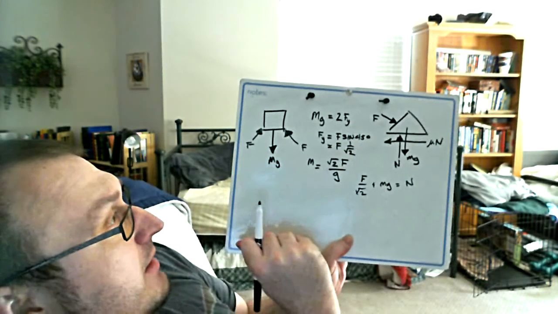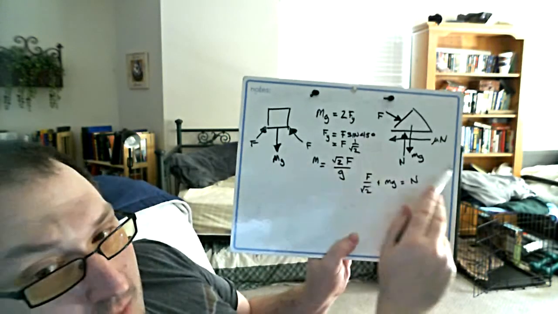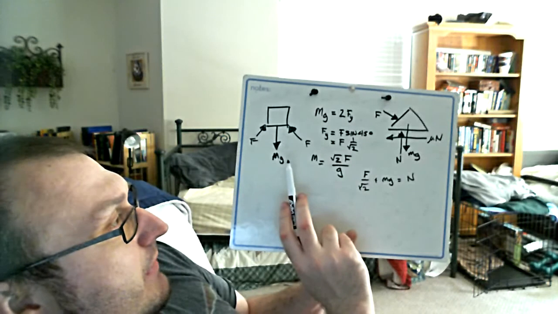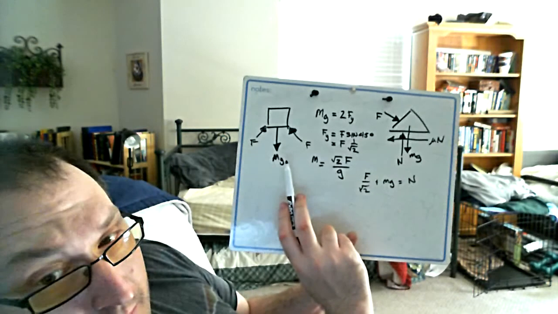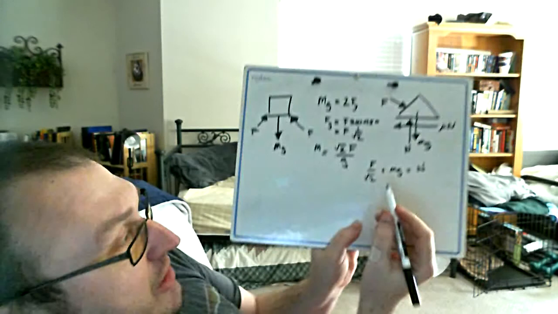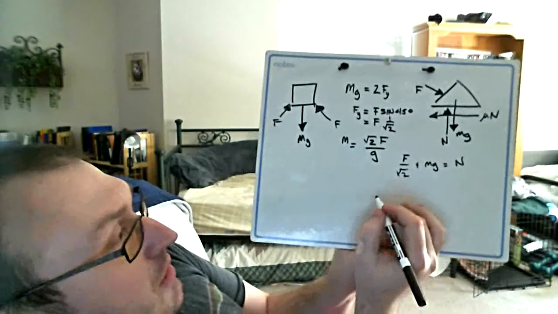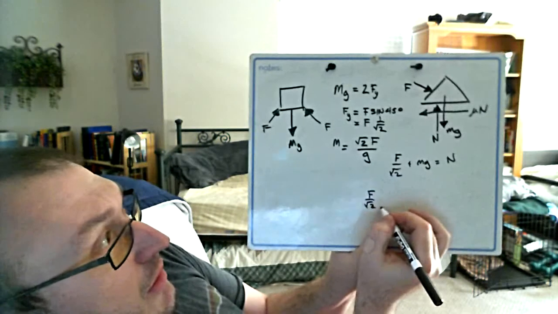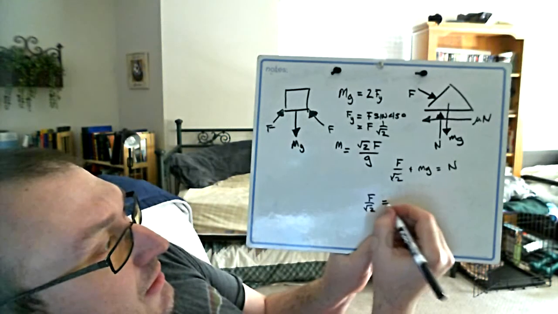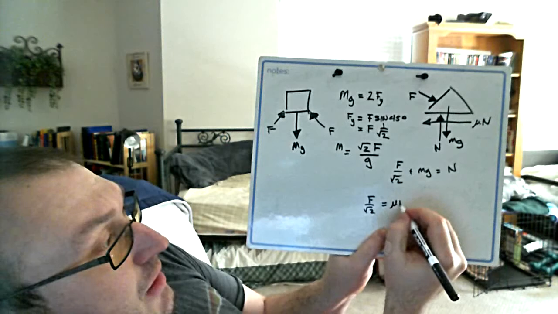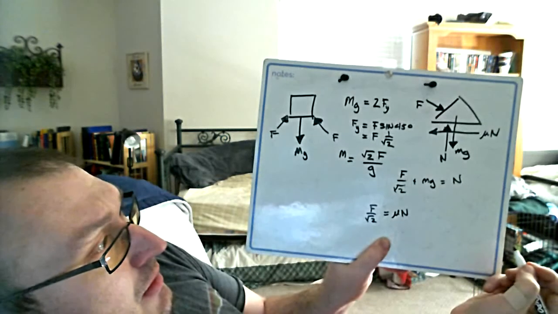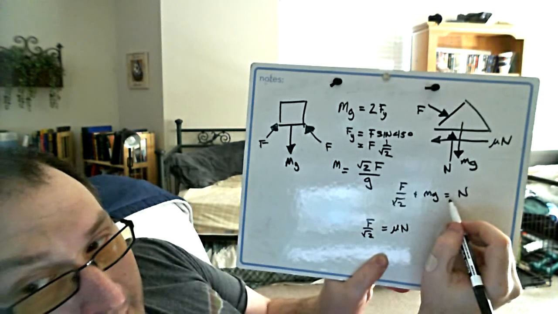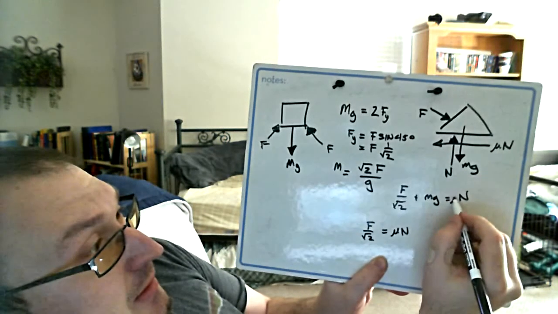Okay, and then I do the sum of the forces in the x direction equal to 0, because there's no acceleration in the x direction. Again, we're on that threshold. So again, I get f over root 2. And this is a little simpler, it's just equal to mu times N. So I could go back up here and get what mu times N is.